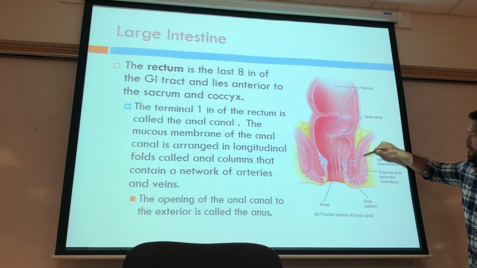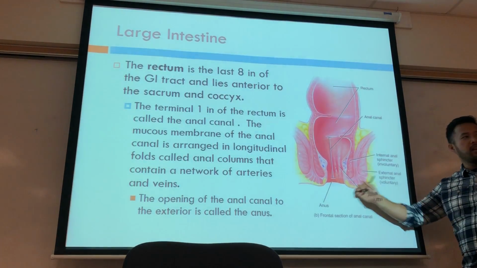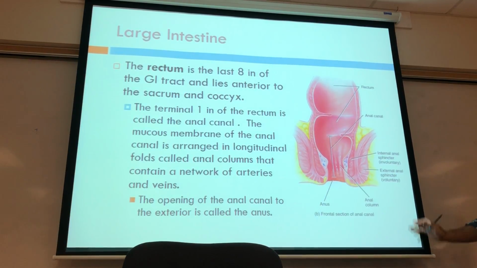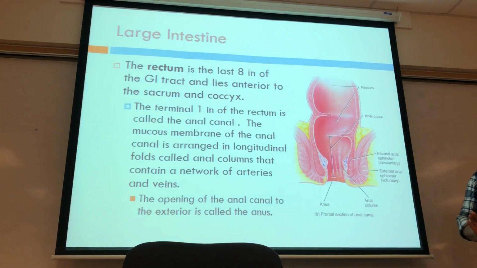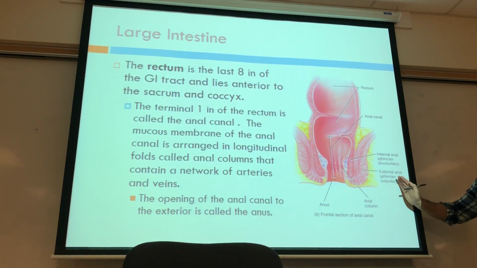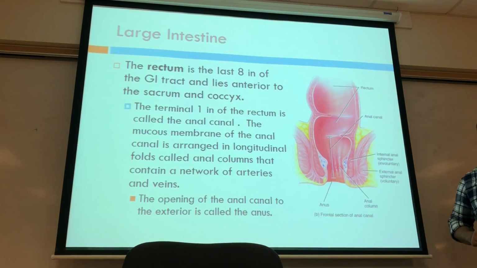This is all voluntary muscle. This is our way of pinching off and saying, don't release any of the feces just yet. Babies don't actually have very strong motor control, hence they have no control over defecation.